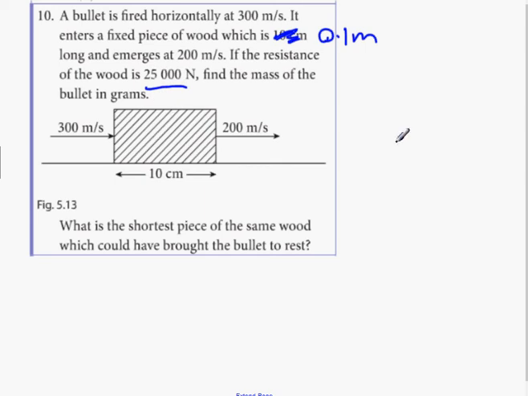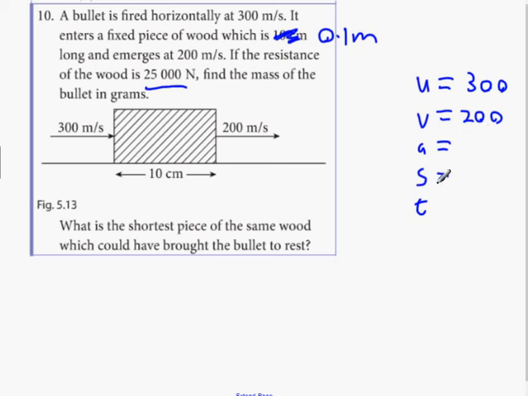Well, you've asked this again, isn't it? Except to change it into a higher level question, all you have to do is don't stop it. Basically what I mean by that is 300 in, 200 out. We have to find out what the A value is. Find the mass of the bullet, so that means finding the A value.